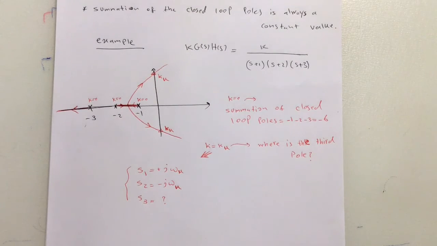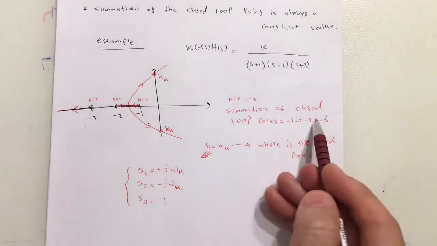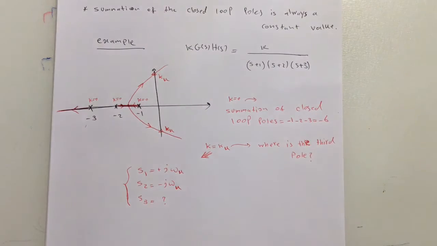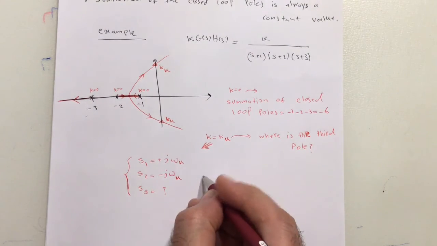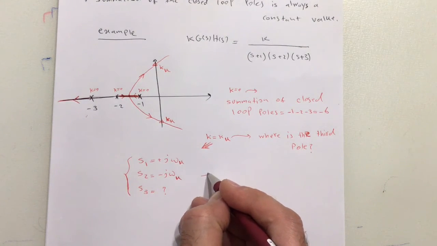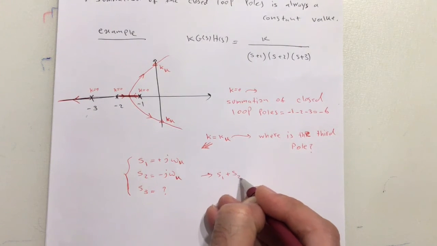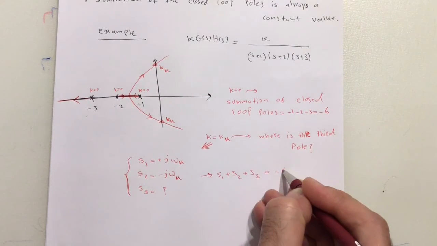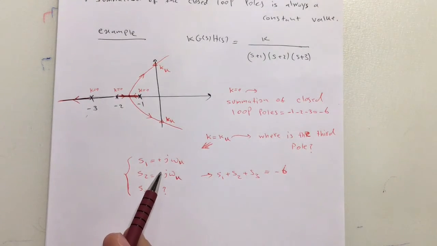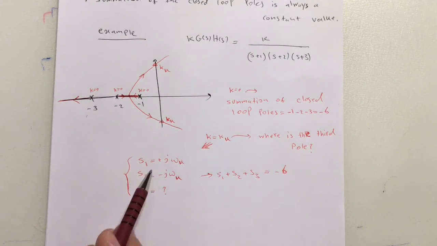Okay, but there's one rule that I haven't used, and this is this rule. We know that the summation of poles should be minus 6. So the summation of poles in this case, S1 plus S2 plus S3, should be minus 6. And the interesting point is that S1 and S2 will cancel each other.